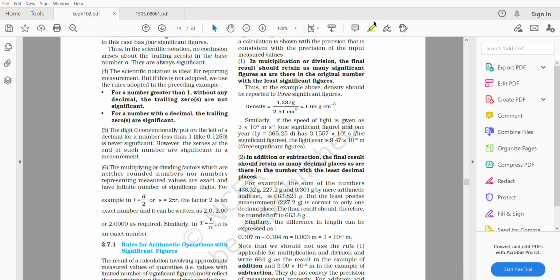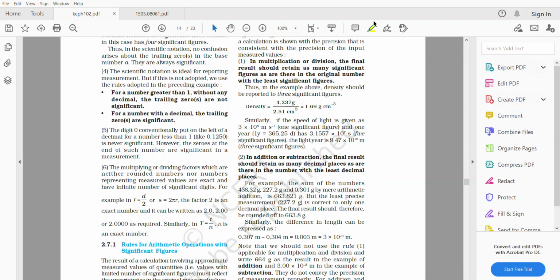So in this example, for the density, the mass has 4 significant digits, that is 4.237, and the volume has only 3 significant digits, so 2.51. So the final answer should have only 3 significant digits. So we will round off the fourth one. So the final answer should be 1.69.